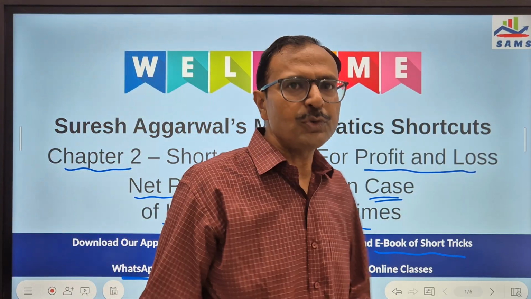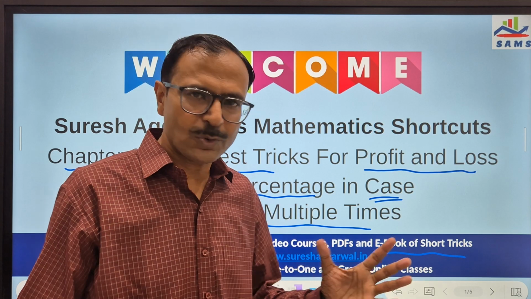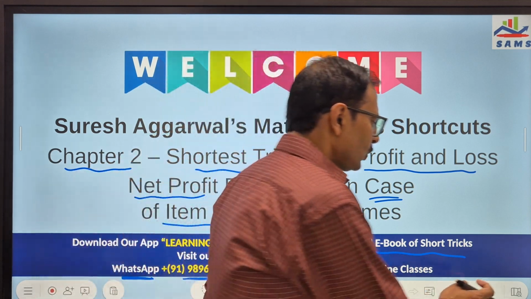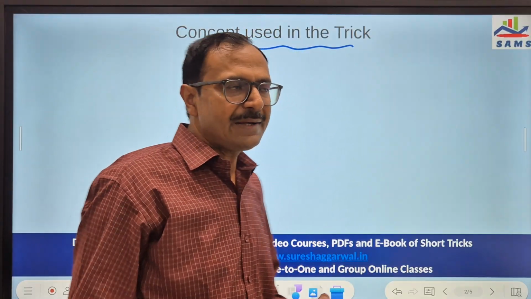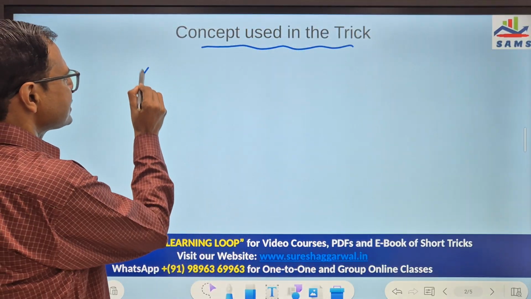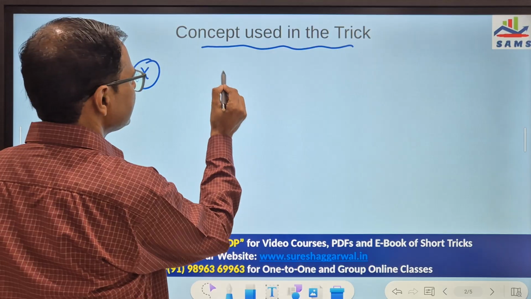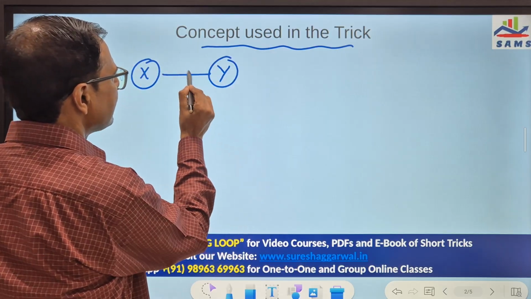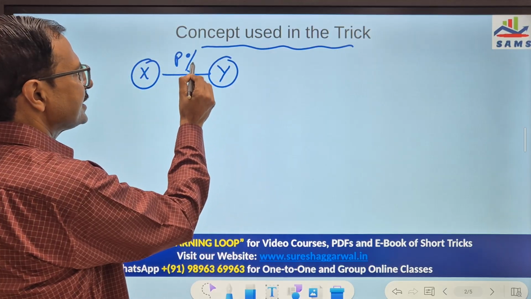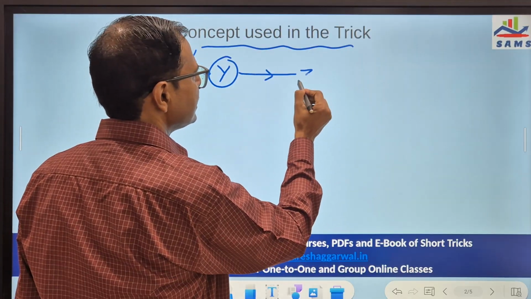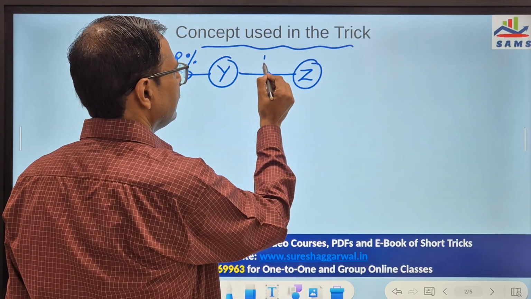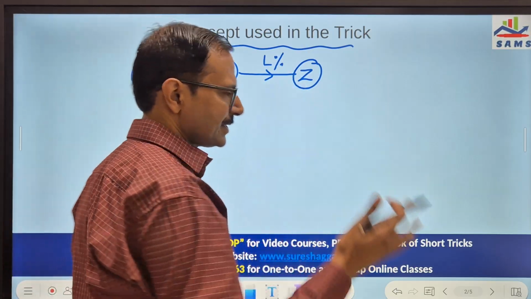So before getting into the questions part, we need to understand the concept, right? So to understand the concept, let's first understand that this is person X who is selling it to Y at some profit percent or loss percent. It can be anything, okay? And Y sells it to Z at some maybe profit percent or loss percent.